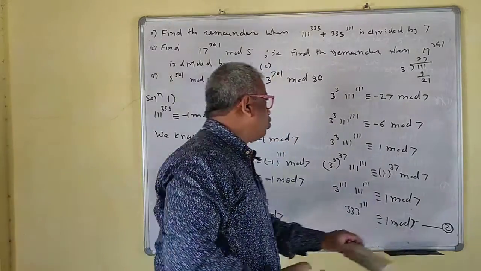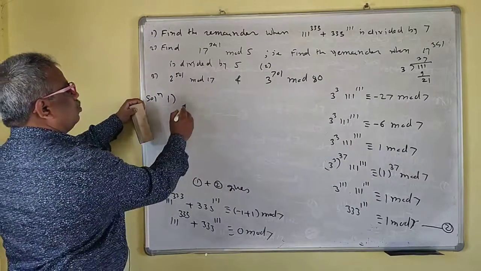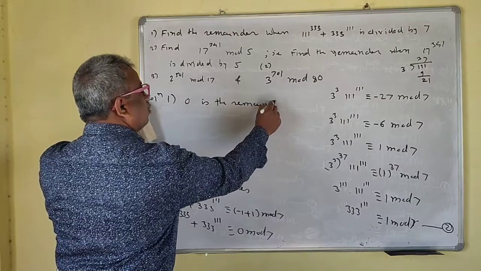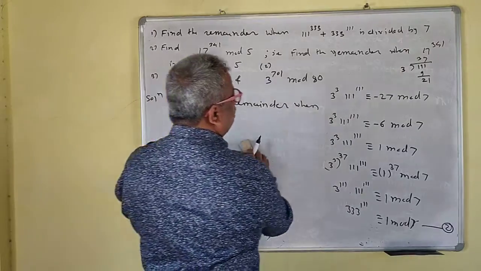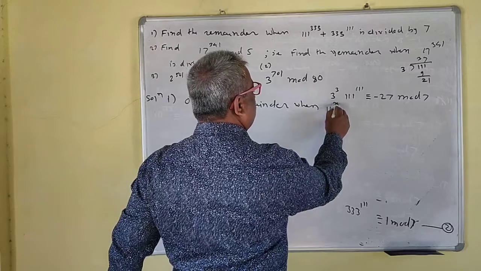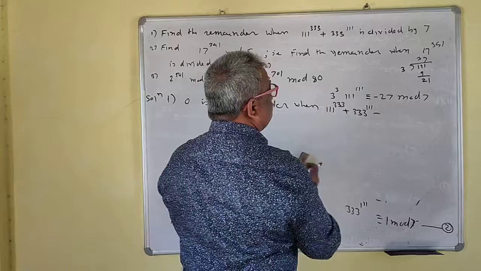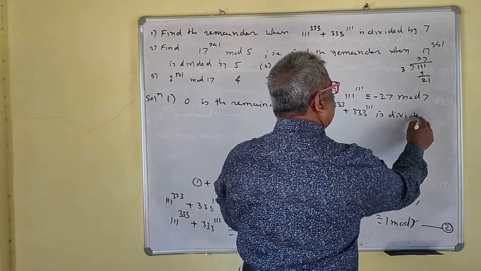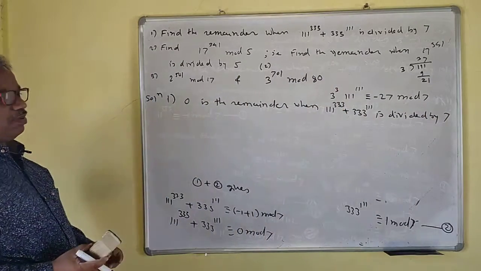Therefore 0 is the remainder when 111 to the power 333 plus 333 to the power 111 is divided by 7. Okay, so the first problem is over here.